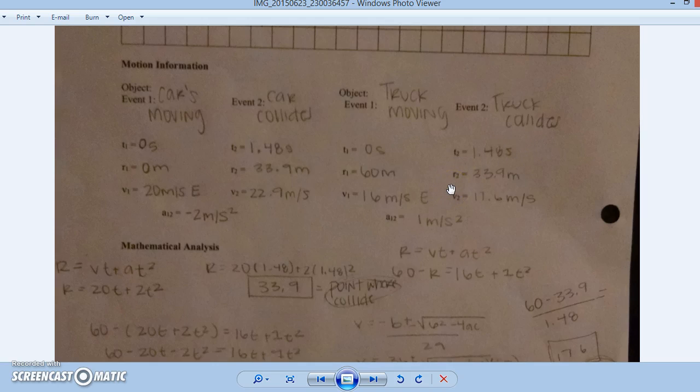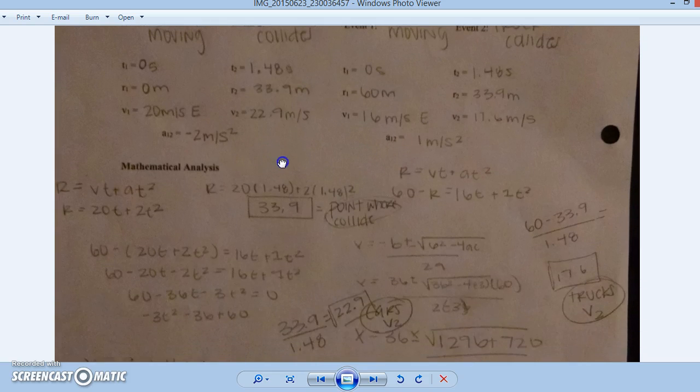The R2 is 33.9 meters, and V2, which is going to be different than the car's due to the fact that it's going a different velocity and it started at a different area, was 17.6 meters per second. And yeah, so we're going to start down here.